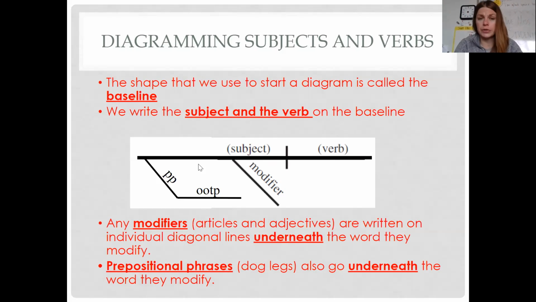You need to draw this in your notes. If you can't do this, you won't be able to do what we're doing for the rest of the trimester, okay? Subject spot, verb spot, baseline, modifiers, prepositional phrase, and yes, that's our object of the preposition, the OOTP, as some of us like to call it.